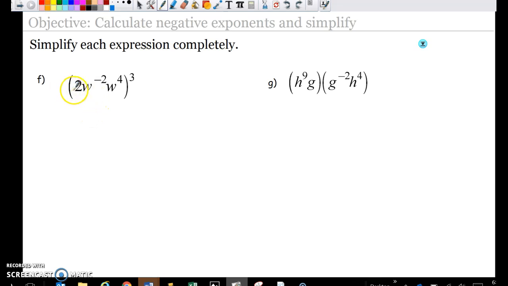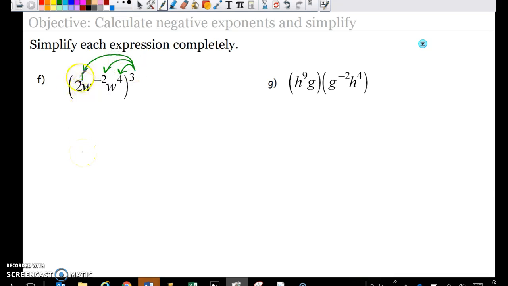I have, in letter F, 2 times w to the negative 2nd, w to the positive 4, all raised to the 3rd power. Now when I take a power to a power, I multiply the exponents. Notice that the 2 base has 1 as the exponent. When I take everything to the 3rd power, every single base, including the number, gets raised to the 3rd power.